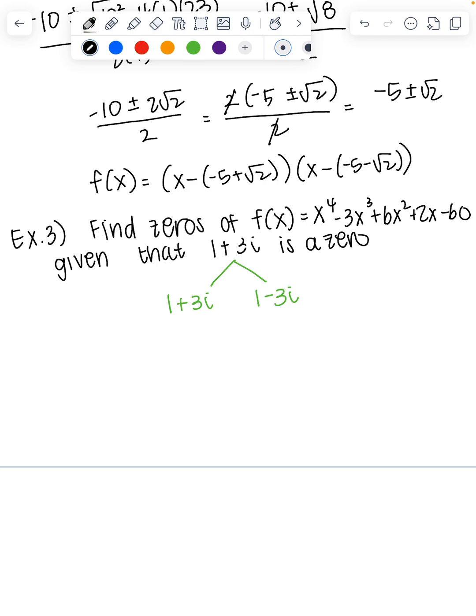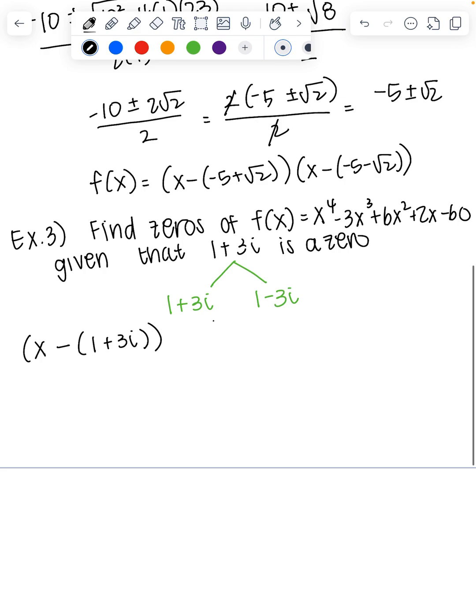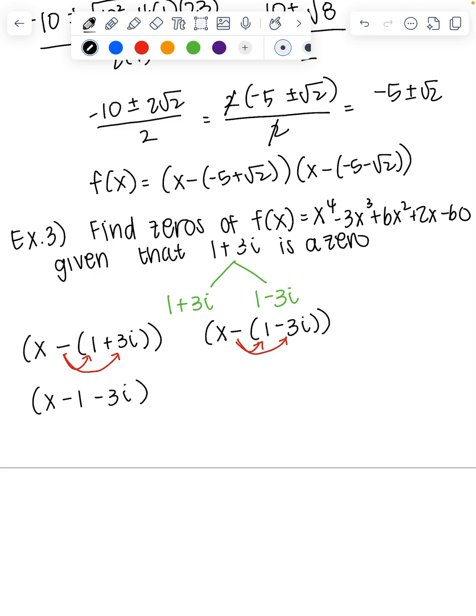Okay, and so what I can create here is I can go x minus, my first one is 1 plus 3i. And then I can say x minus 1 minus 3i. Well, if I distribute this negative here and here, what I now get is x minus 1 minus 3i, and x minus 1 plus 3i.